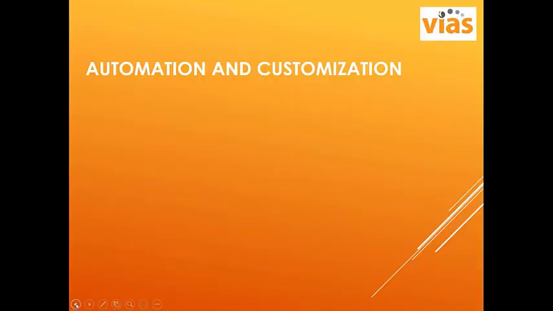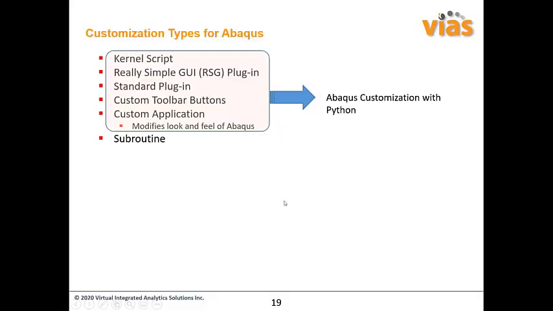In this section, I'm going to talk about automation and customization, supplemented with some interesting examples. In this slide, what we are trying to show is that Abaqus customization with Python can be accomplished by writing a kernel script. A kernel script does not change the graphical user interface of Abaqus.